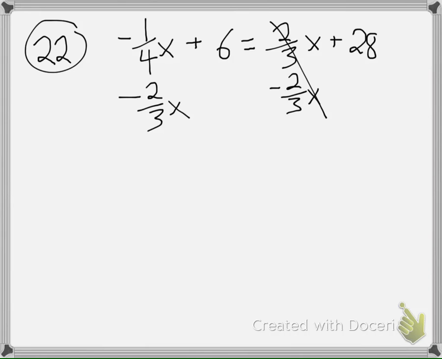So I should have negative 11/12 x, still plus 6, equals, and on the right-hand side, all I have left is 28. Now, this is what your work needs to look like.